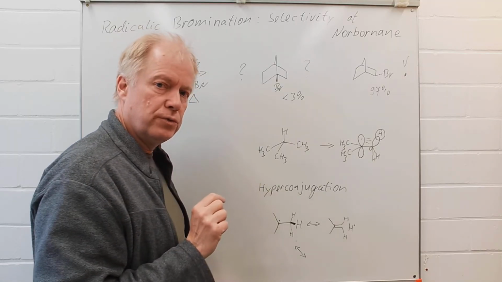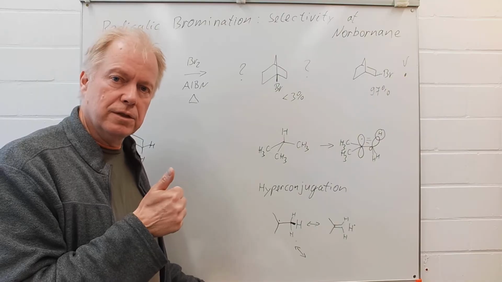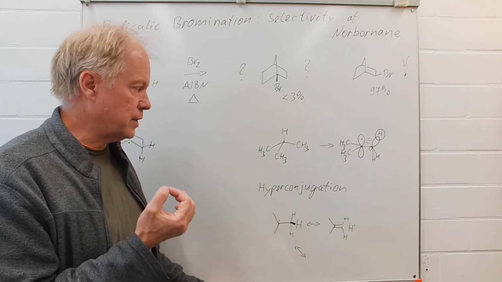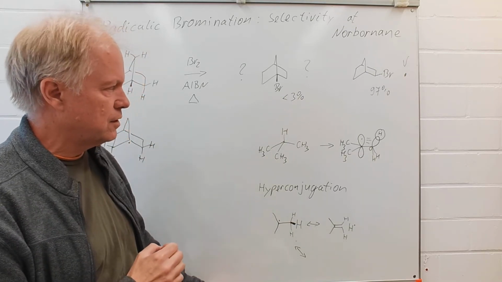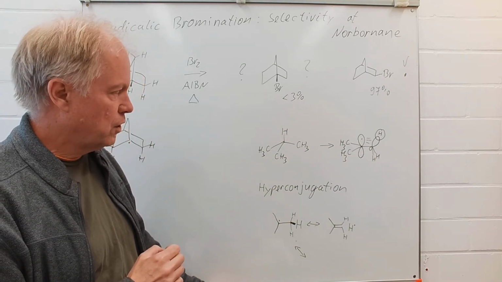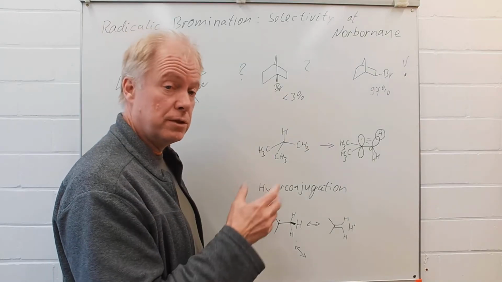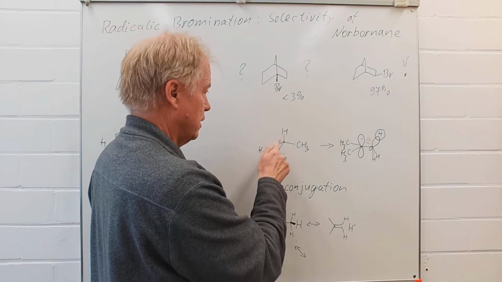Well, there are two reasons for the stabilization of the intermediary radical. One is release of steric strain.